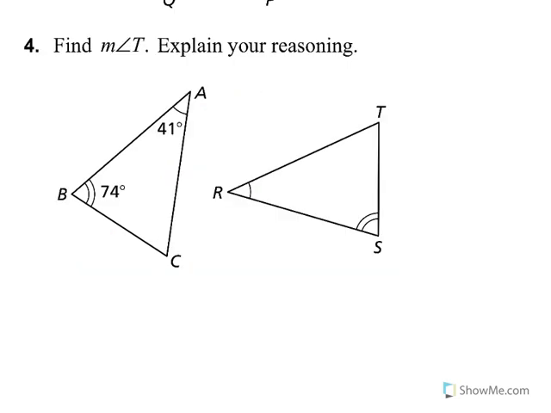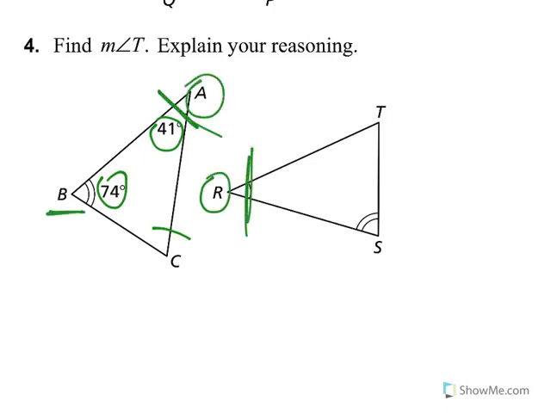Example 4, we need to find the measure of angle T and explain our reasoning. Okay, well, again, if we find this third angle here, all we have to do is add 74 plus 41 and find C. And then here, you see that R is congruent to A because we have our one arc mark.